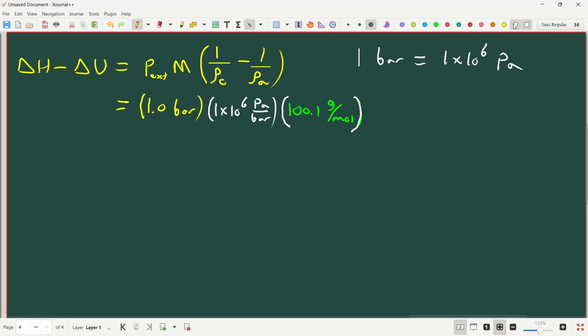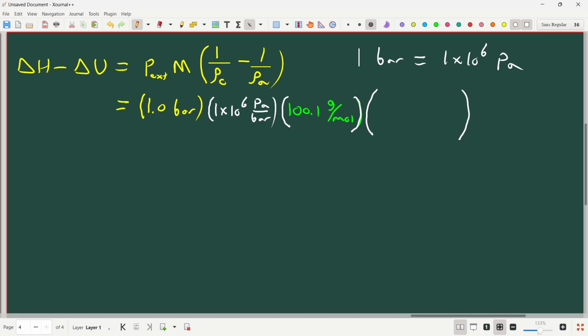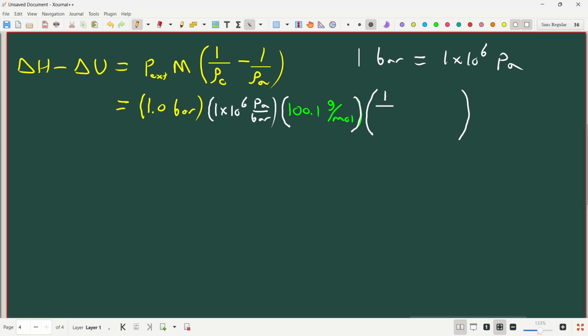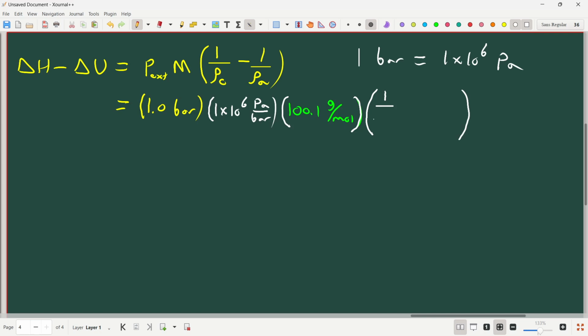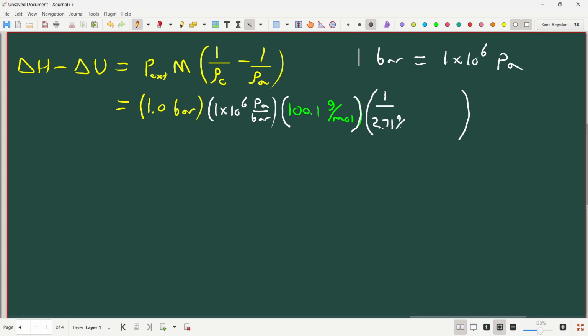And now all we do is take a difference of our densities. Density of the calcite is 2.71 grams per cubic centimeter, grams per milliliter, minus 1.293 grams per milliliter.